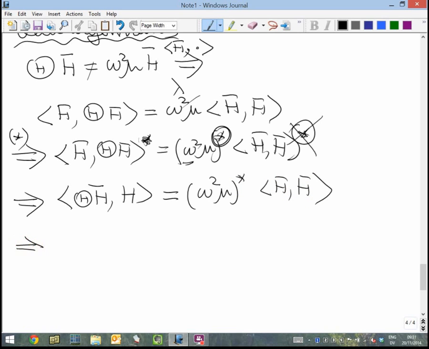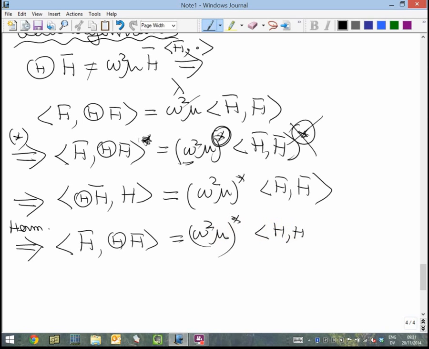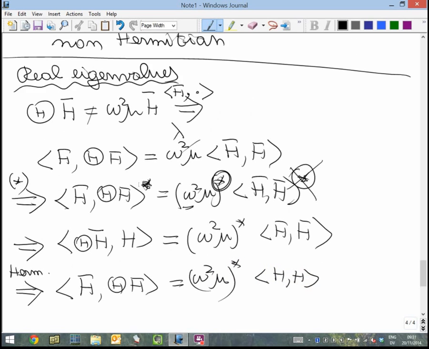There's still a card up our sleeve which we haven't played yet, and that's the fact that our operator theta is Hermitian. That's of course a very crucial part of our story. Since this operator is Hermitian, we can bring it to the second factor in our product. And then we have omega squared mu complex conjugate h, h. So let's take stock here.